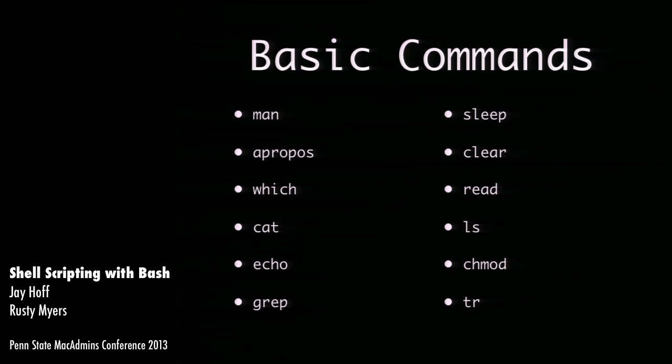So again, there's a bunch of commands. Man and apropos essentially do the same thing. They give you somewhat different outputs, but allow you to search for different options to a command. Which command? How many of you know what which is? What does which do? Correct. If you type in which followed by a command name, it should provide you with the path to that particular file. The cat command outputs the contents of a file.